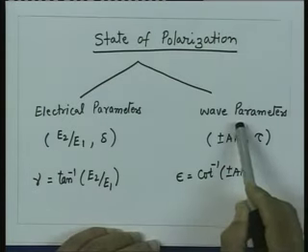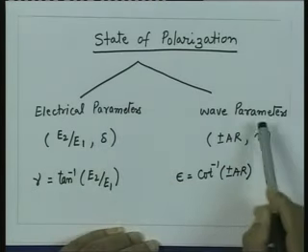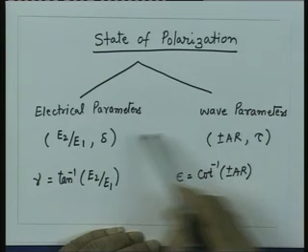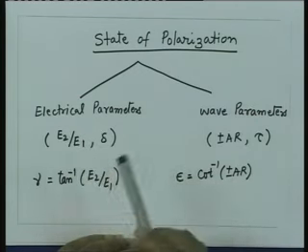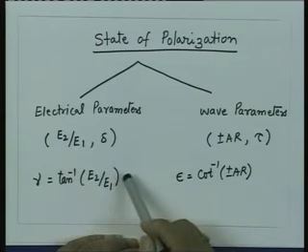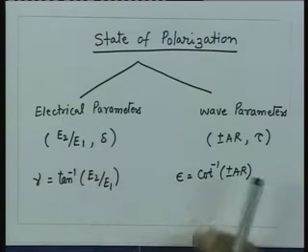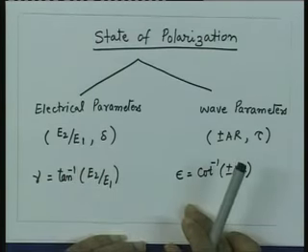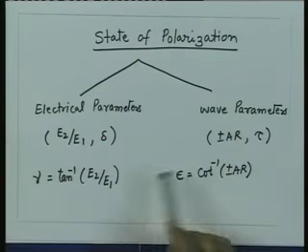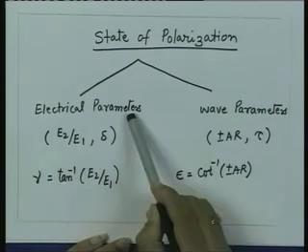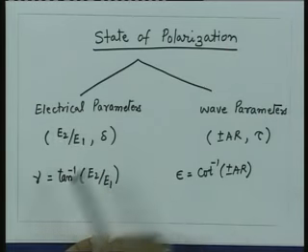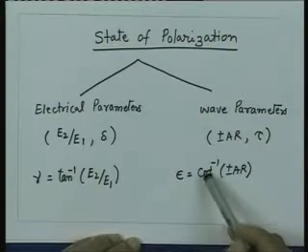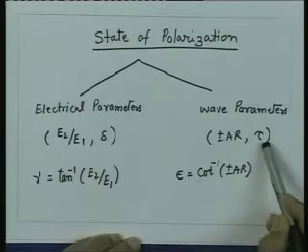Also, we saw that there is a unique relationship between these wave parameters and the electrical parameters, that is the ratio of the amplitudes of the electric fields of the Ex and Ey components and the phase difference between them. So, a state of polarization can be defined either in terms of the electrical parameters, which are the ratio of E2 and E1 and the phase difference delta, or the two parameters of the ellipse, that is the axial ratio and the tilt angle tau.